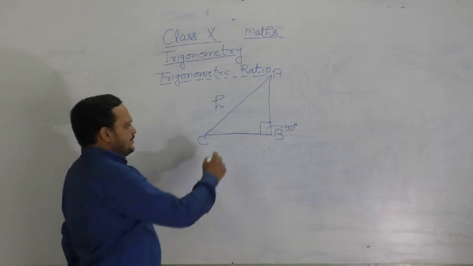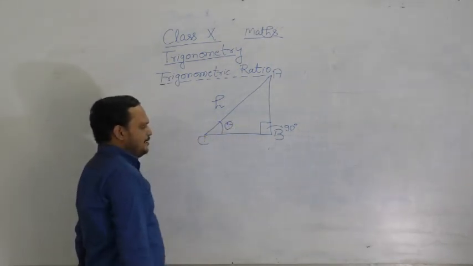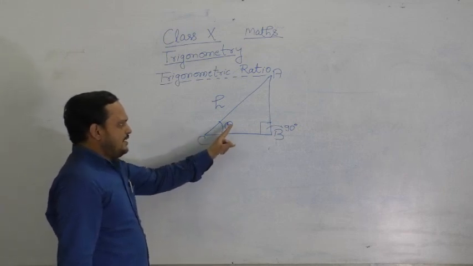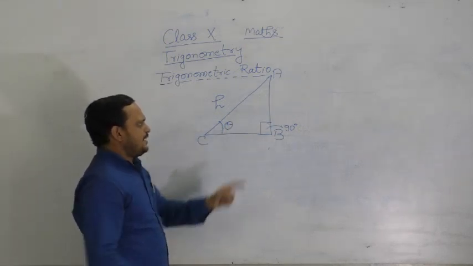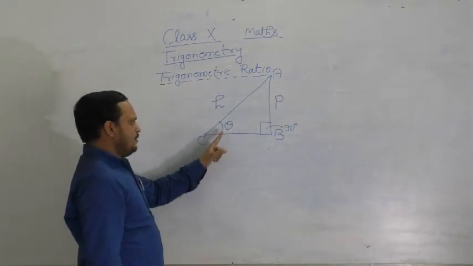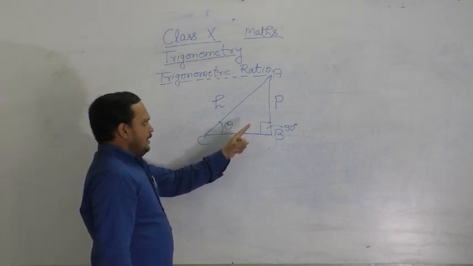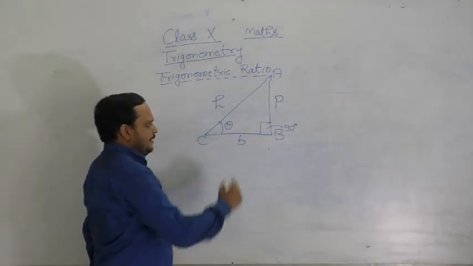If we consider angle C, the perpendicular is always in front of this angle. This one is the perpendicular in this case for angle C, and this is the base.